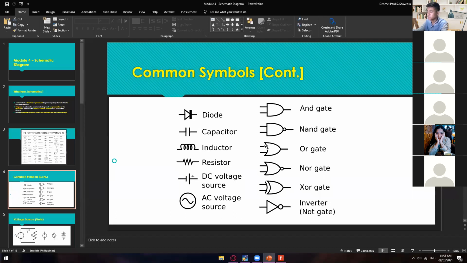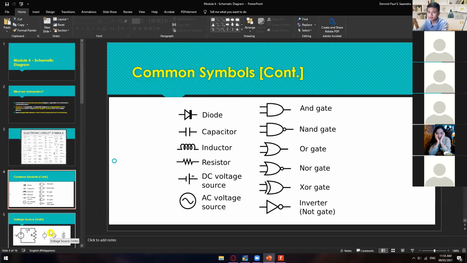And then for the right side components, just in case you have a program in your project wherein you'll be needing an AND gate, here are their symbols. The AND gate, NAND gate, OR gate, NOR gate, XOR gate, and then inverter. These are considered ICs, wherein we perform a certain function like OR, NAND, etc.